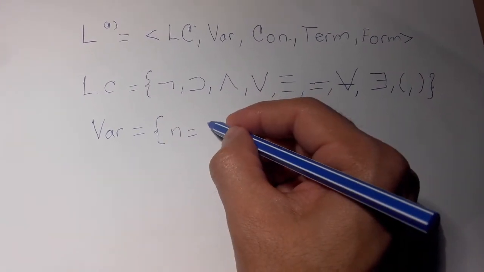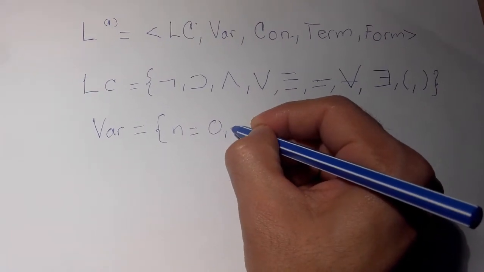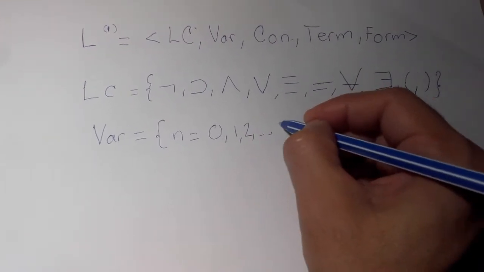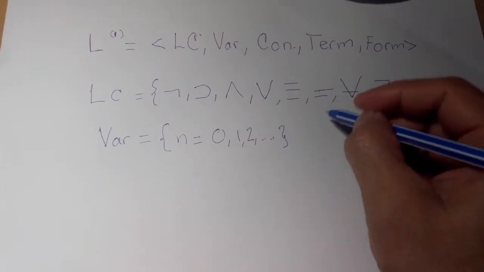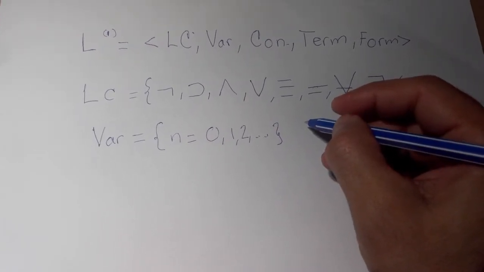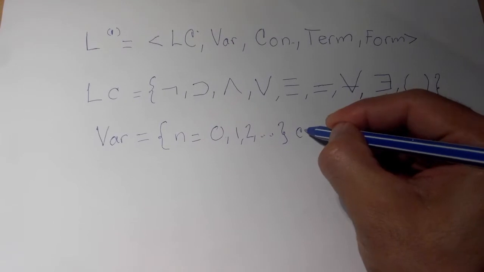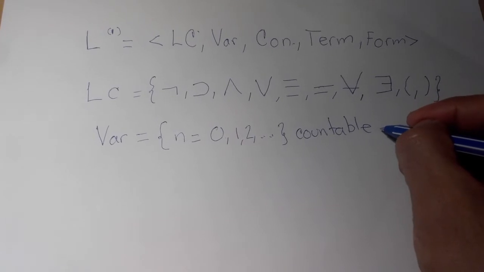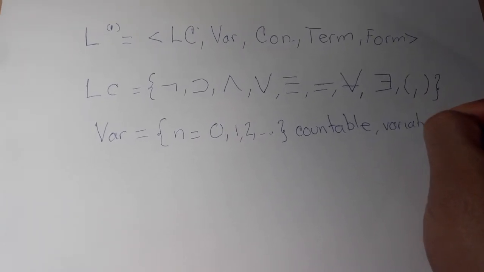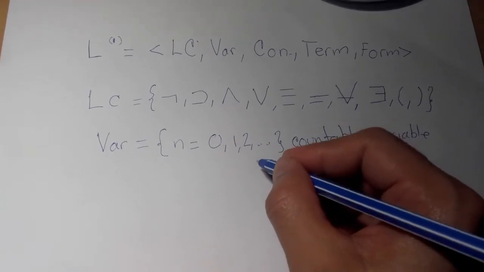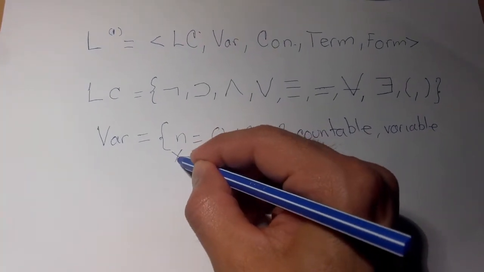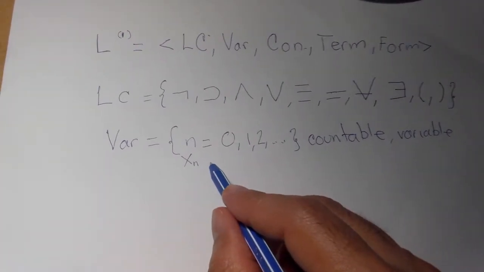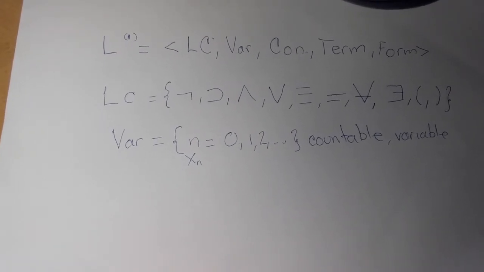In this n we are going to have many of them, like 0, 1, 2, and to infinity. So it's one countable infinite set of variables. So it's countable, and once again, these are our variables. As one example, we can have x to the power n, and we can have many of those. And this is really important to keep in mind.